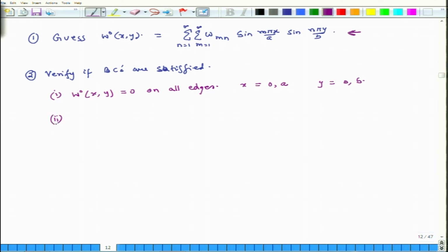The second is Mx equal to 0 on x is equal to 0 and a. Now, what is Mx?